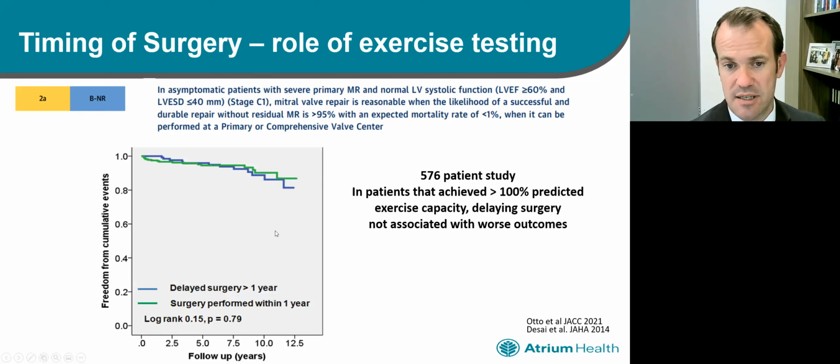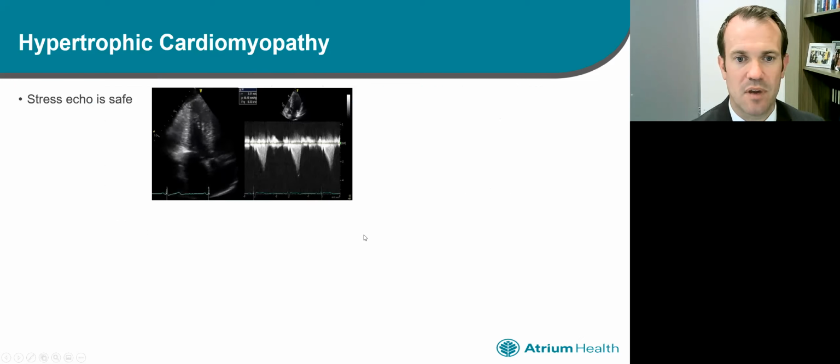We can actually see in this particular study that where they delayed surgery for greater than a year in patients who had achieved greater than 100% of the predicted exercise capacity, they actually did not have a worse prognosis. So this is important when we're talking to those asymptomatic severe mitral regurgitation patients who have high functional capacity.